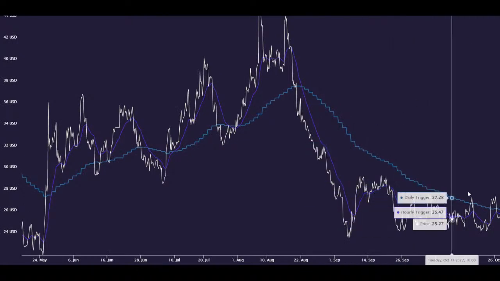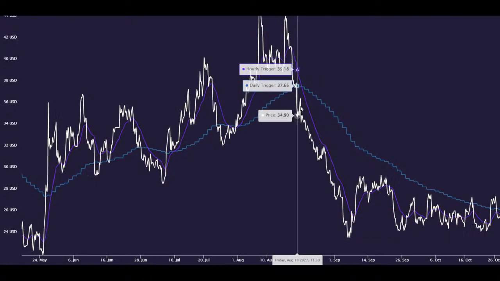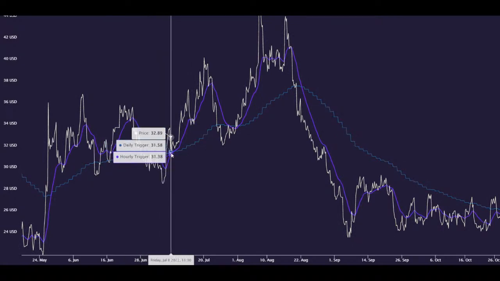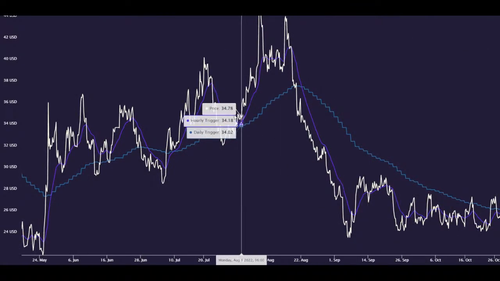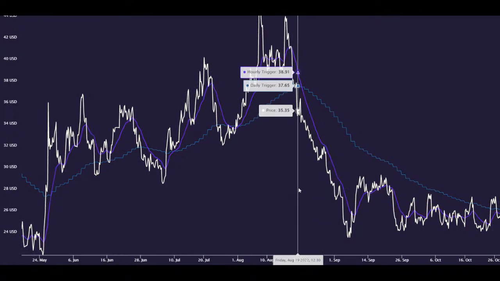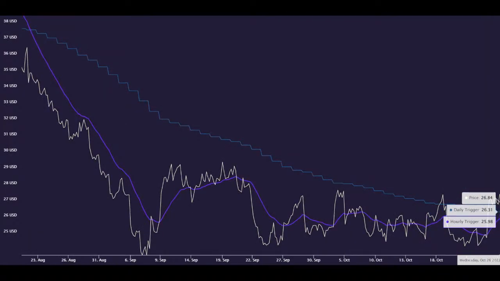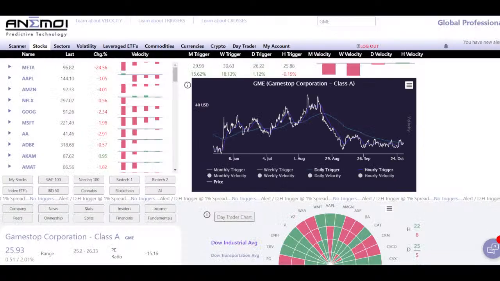Now GME right now, ever since we had the bullish cross on July 8th, we have not had anything close to that until right now. We are as close as we ever were to getting an hourly trigger, daily trigger cross. The hourly trigger is at 25.88 and the daily trigger is at 26.22. So here's what we need to see tomorrow.